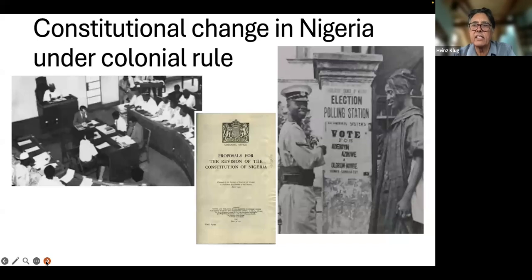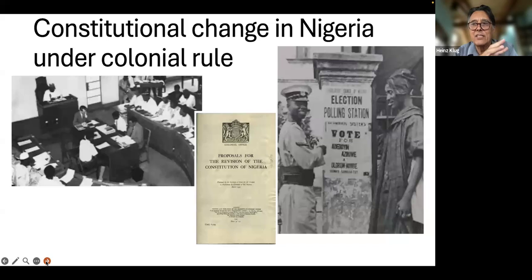So what's interesting about these constitutions, it wasn't that these constitutions were only designed by the colonial power. There was a lot of agitation by the emerging nationalist forces in Africa. And for instance, by the time you have the 54 constitution adopted in Nigeria, you have a process where the majority of the people in the room, as this photo indicates, are in fact Nigerian, are African.